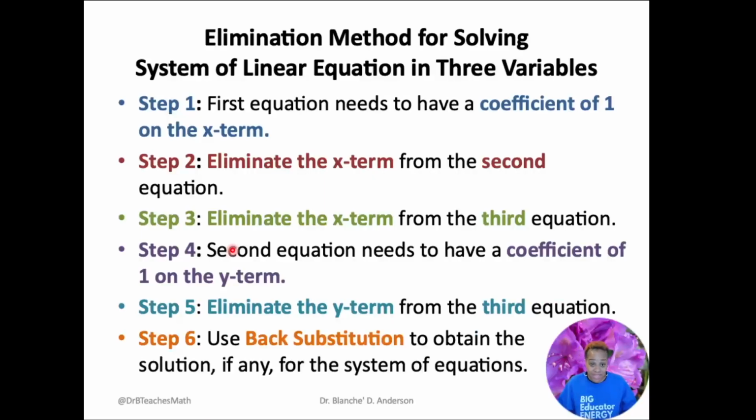And then by then you should be able to back substitute. So that's how it's going to work. Your first equation is going to have x, y, z. Your second equation is just going to have y and z, and then your third equation should end up having z. That's what these steps are going to take us through. So let's work through each step so you can see how it works.